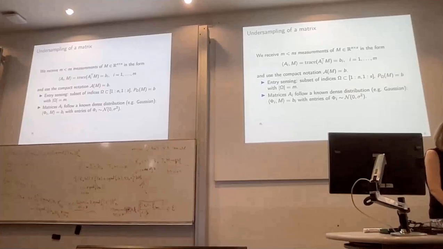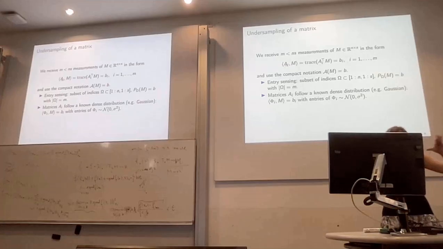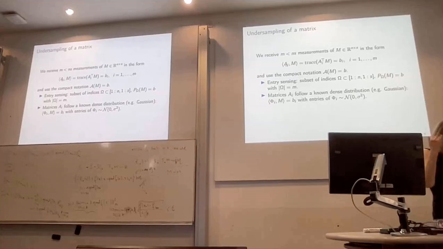So what I assume is that I have either entry sensing, like I said, where A_i is chosen to give me certain entries, or I have some randomized Fourier, for example. I'm not doing full Fourier matrices because I'm trying to undersample. So I'm going to take, for example, random rows of Fourier transforms. So I will measure M through those, and then I will get some kind of linear equations for my measurements. And I can measure them with the inner product, and for matrices, as is common, we use the trace inner product.